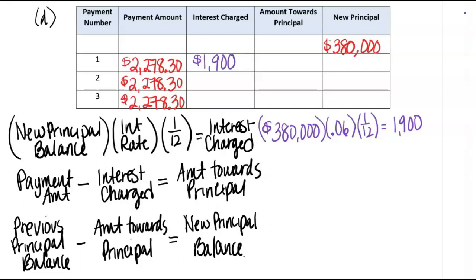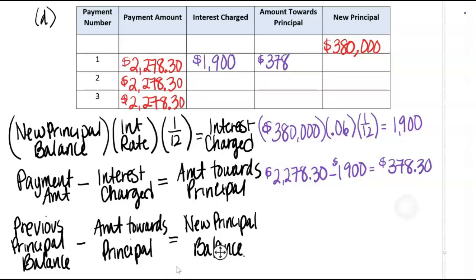The amount that goes towards principal, you start with the payment amount, which is $2,278.30, subtract the interest charged, which gives us an amount towards principal of $378.30.